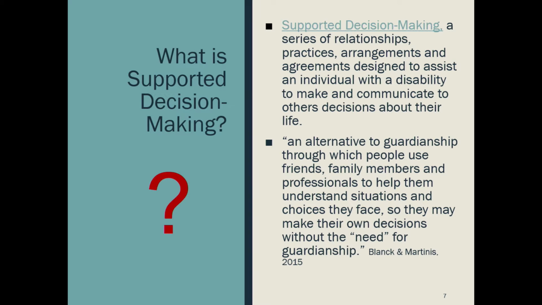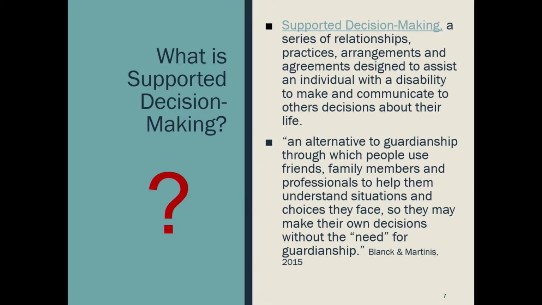Supported decision-making is this idea that there are a whole lot of ways in which people with intellectual and developmental disabilities can be supported to make decisions. It's about relationships, legal arrangements, people who are in a person's life that can help them understand what they want to do and help guide them around decision-making.